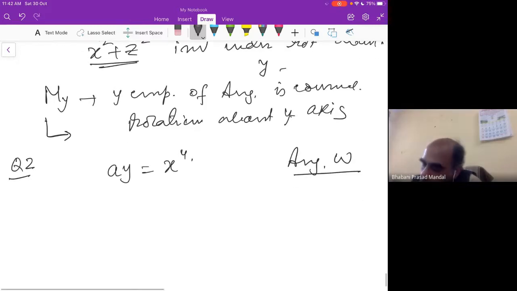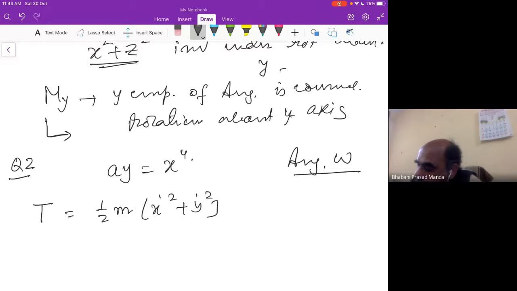So what will be the kinetic energy? Kinetic energy will be half m (x dot square plus y dot square), plus the rotational kinetic energy half m r square omega square. This is the moment of inertia times omega square, but r square is nothing but x square plus y square.